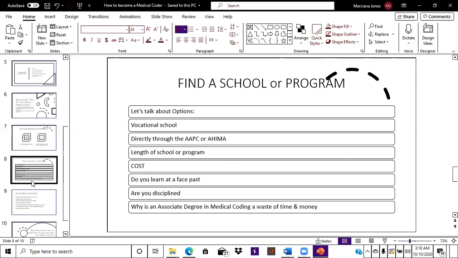So I talked about the length of the program. Like I mentioned, vocational schools are normally anywhere between 6 to 18 months. And going directly through the AAPC, or through approved instructors who partner with the AAPC, the class is still 16 weeks.